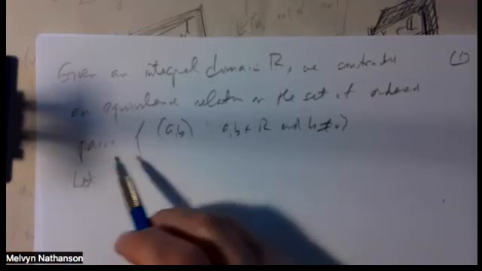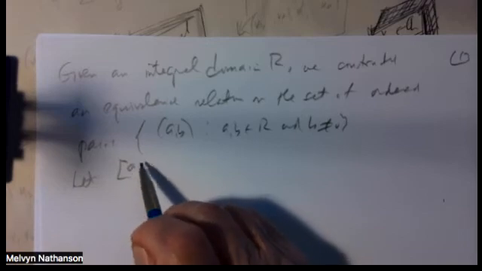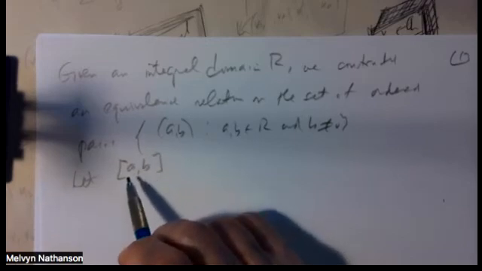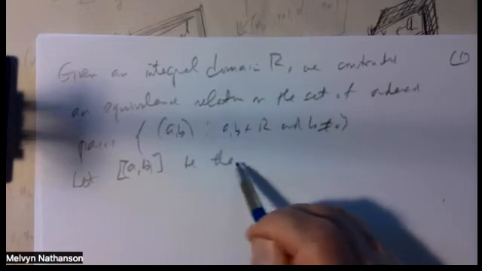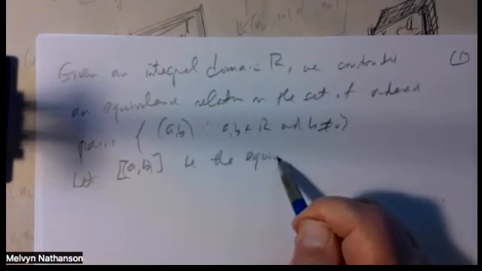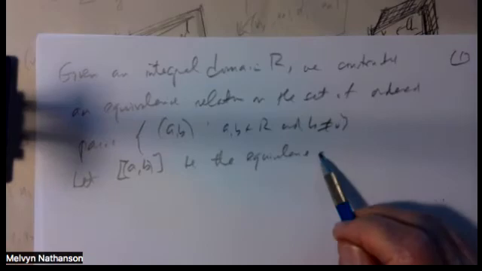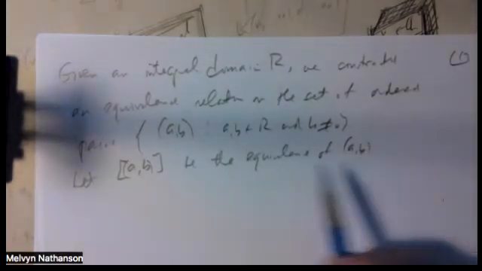So for any ordered pair, let me put in square brackets the equivalence class of the pair AB.